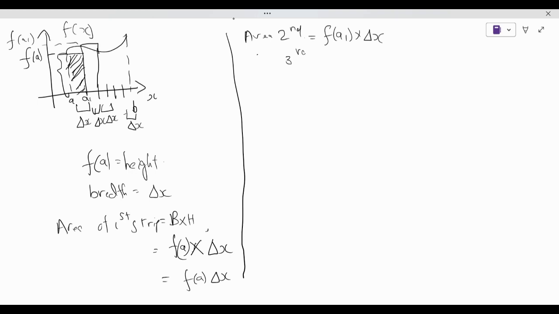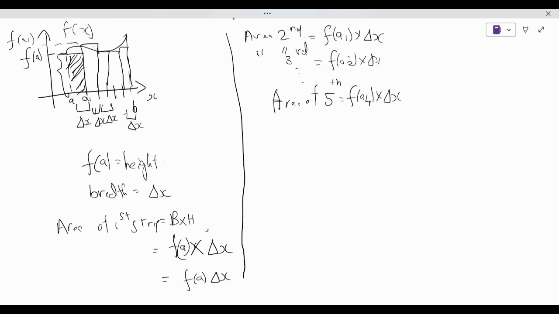The area of the third strip will be equal to f of A2 into delta x. Till the last strip, the area of the fifth strip will be equal to f of A4 into delta x. I have divided it into 5 strips. This is the fourth strip and this is the final strip.